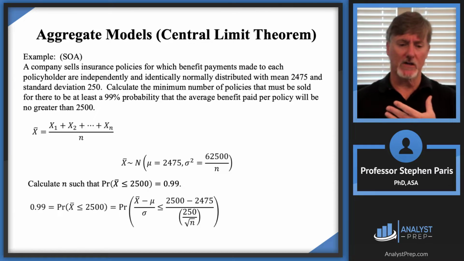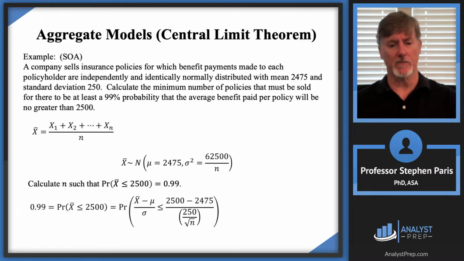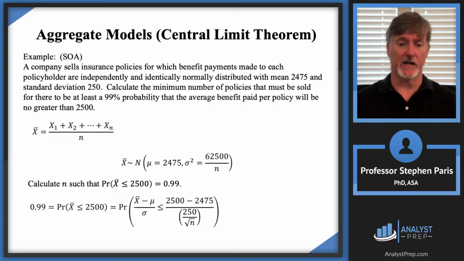First of all, I standardize the CapEx bar random variable by subtracting the mean and dividing by the standard deviation. So from 2,500, I subtract the mean, 2475, and I divide by the standard deviation, which is the square root of 62,500 divided by n. So that becomes what's in parentheses there.